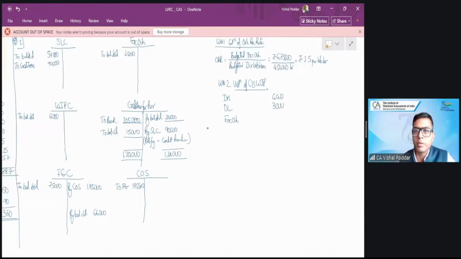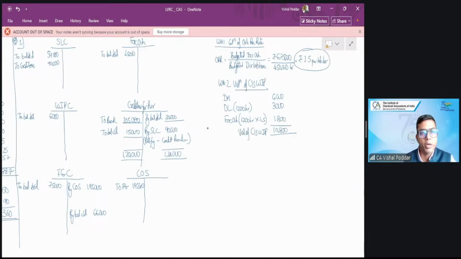Direct labor 3,000, which represents 1,200 hours. Now, how much will be factory overheads? We have already calculated factory overheads are charged at the rate of 1.5 per labor hour, and the labor hours given on this job is this. So into 1.5, 1,800 will be my overheads charged.